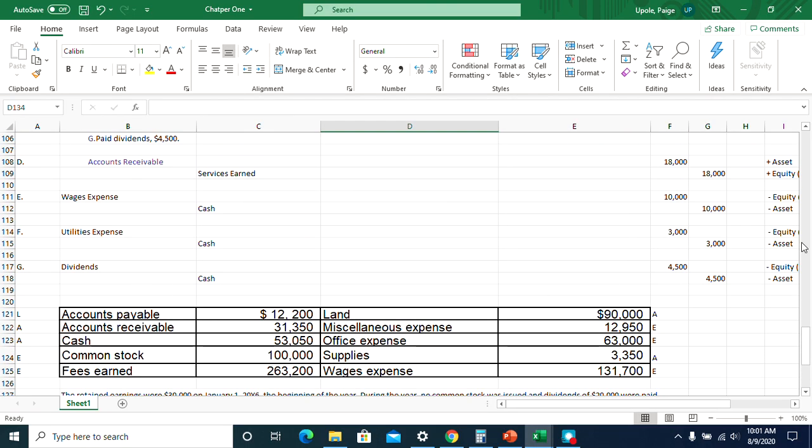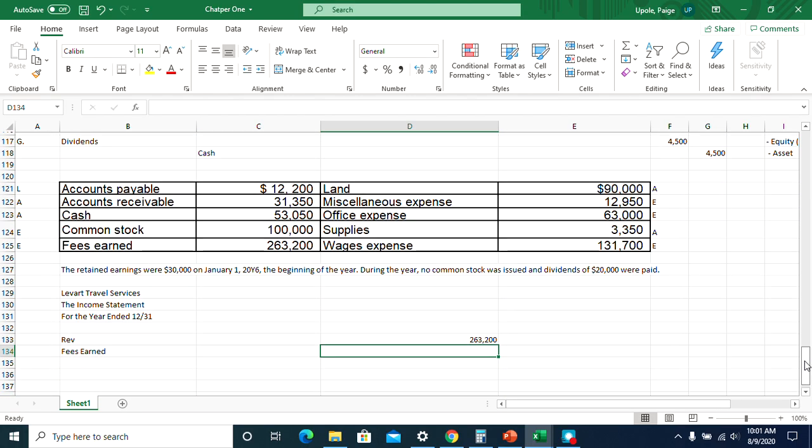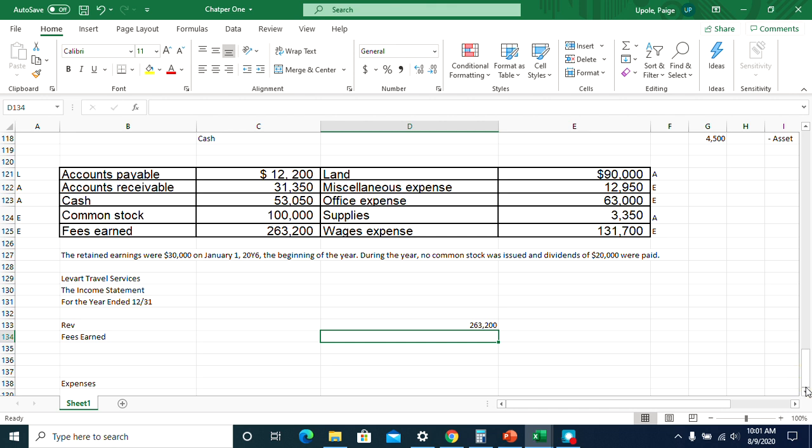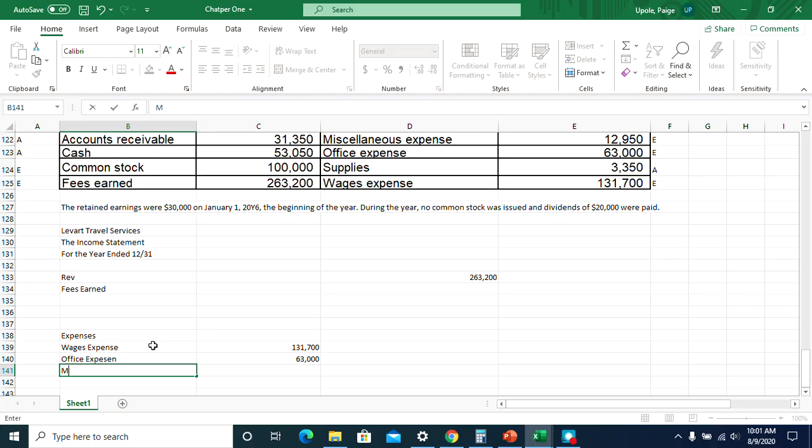I think we have a few. So we have miscellaneous expense, office expense, and wages expense. So I'm going to do wages expense first. Then I'll do office. Sorry, I didn't type that right. I'm not going to fix it. And then miscellaneous.